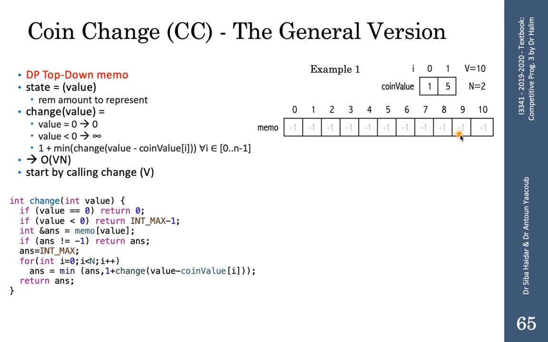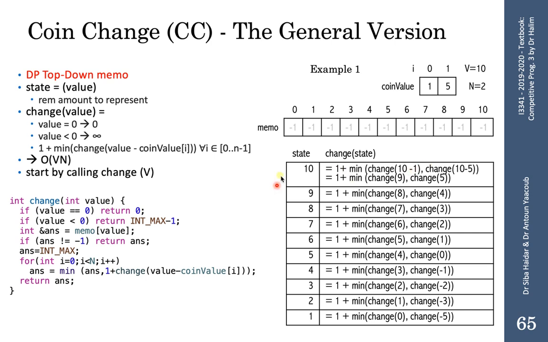So this is the answer here. We begin by calling the state 10. 10, in order to represent it, it is equal to 1 plus the minimum between the change of 10 minus 1 and the change of 10 minus 5, because one time we subtract 1 and one time we subtract 5.